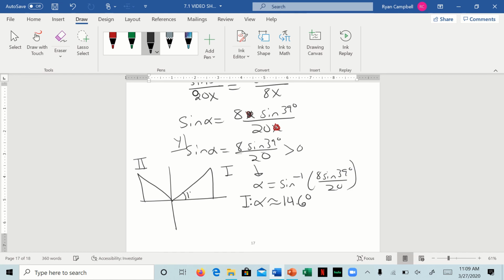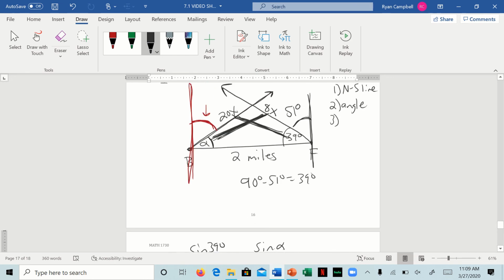What the calculator doesn't tell you is what's in the second quadrant. So how do we figure that out? We can do 180 minus 14.6 degrees, which is 165.4 degrees. That's this whole angle right here that we're trying to find.